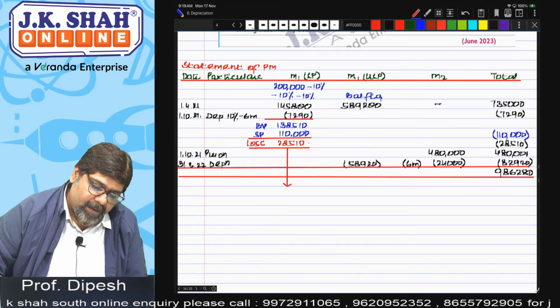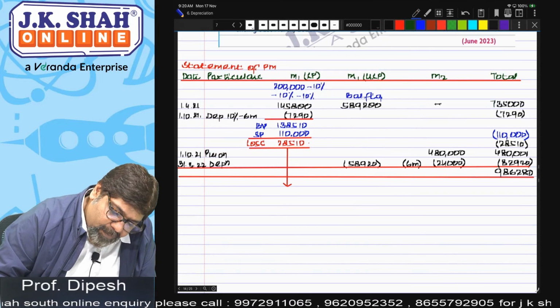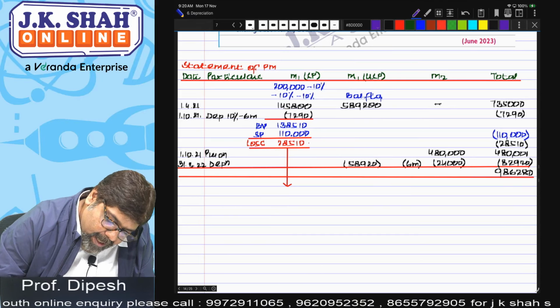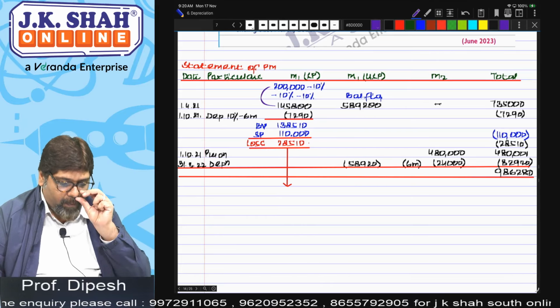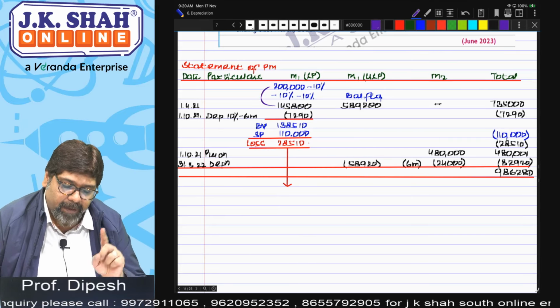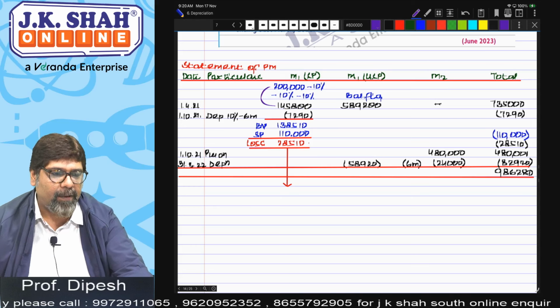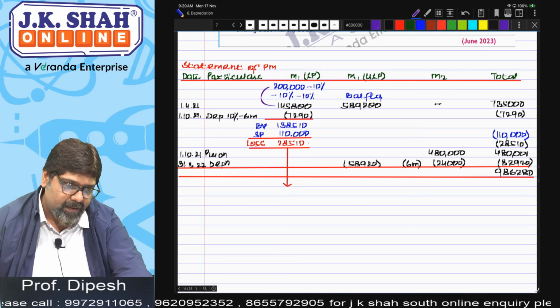My first question is, you purchased this asset for how much? 2 lakh. And today its value is 145,800.